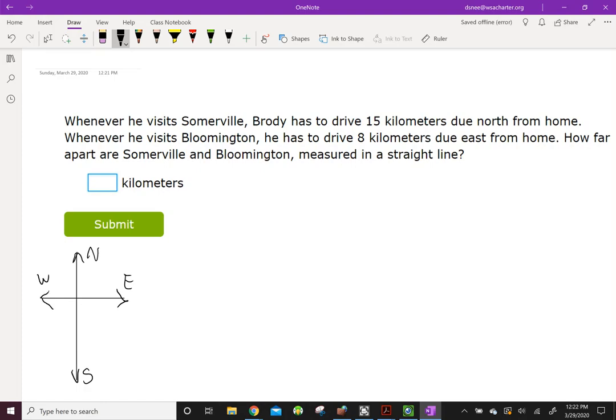Okay, he has to drive 15 kilometers due north from home. So 15. So this is home, 15 due north from home.